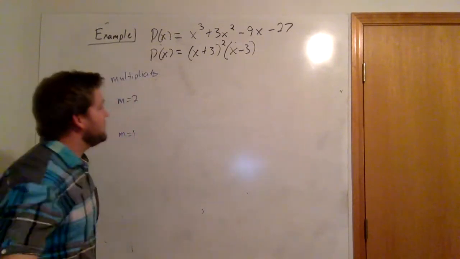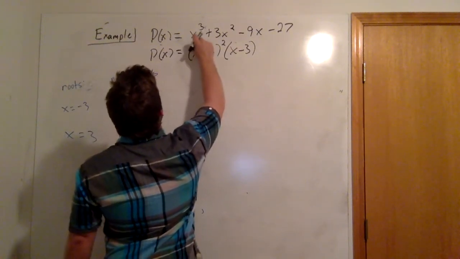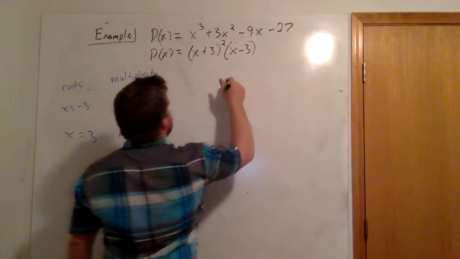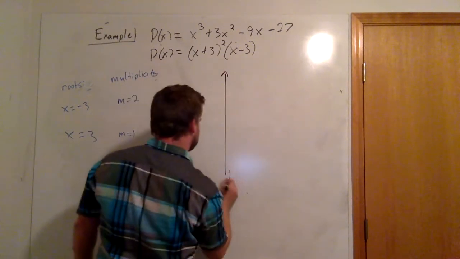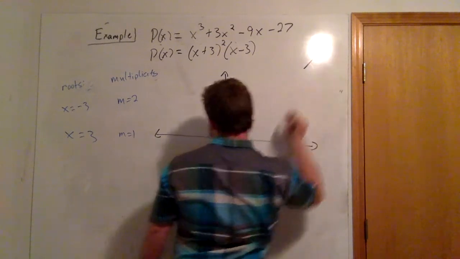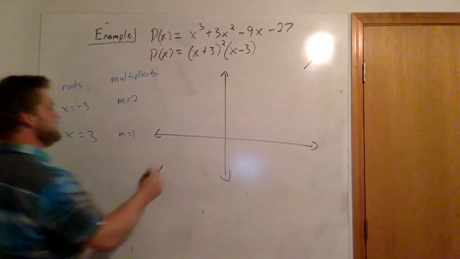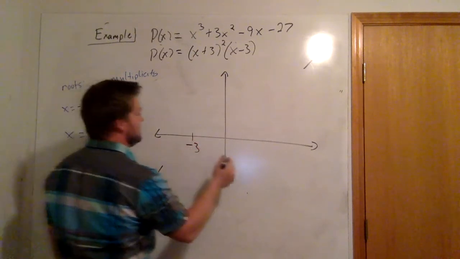Let's talk about the end behavior. You have the same end behavior as its leading term, which is x cubed. So its end behavior will look like this. And its roots are at negative 3 and at 3.